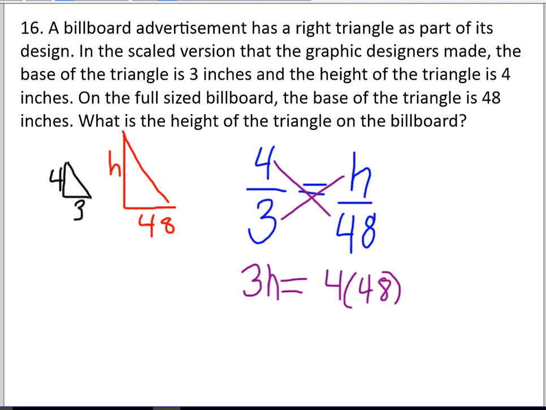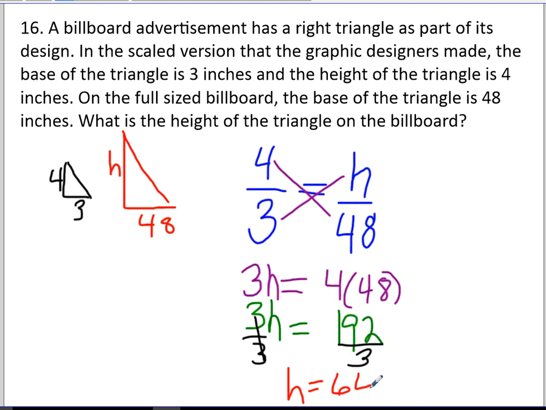So when we solve that, we get 3 times h equals 192. So we divide both sides by 3 to get h by itself. We see that the height of our triangle, excuse me, is 64 inches tall.